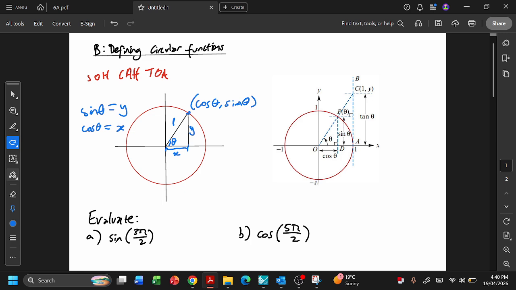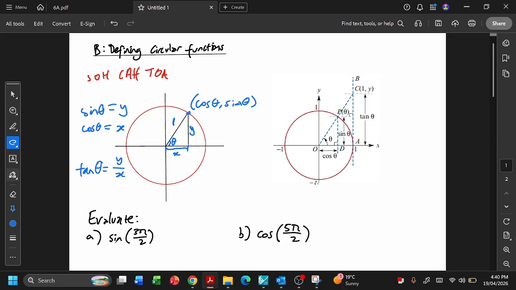So for example, what is the ratio of the other one? You remember, we have sine, cos, and we've also got tan. The ratio tan is defined as the ratio between the opposite and the adjacent. So tan is opposite over adjacent, which in this case is y over x. What can we do with that piece of information?